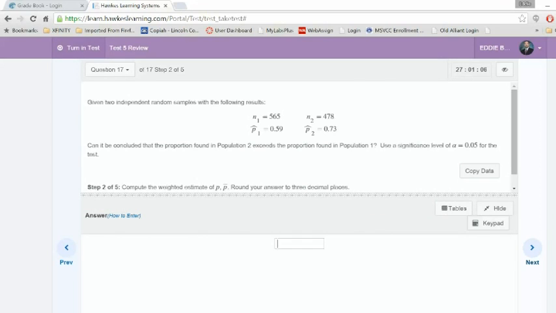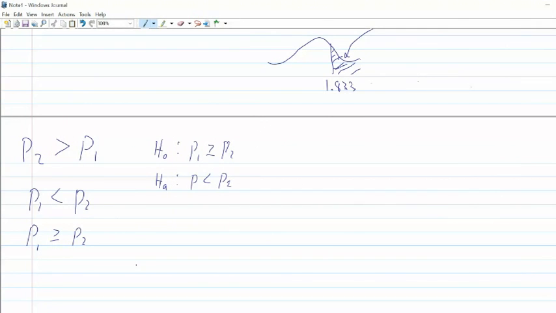Then compute the weighted estimate. Now, the weighted estimate is found in the book. They use a P not here, but that needs to be P sub C, I believe, in the textbook. That's what it's stated as.